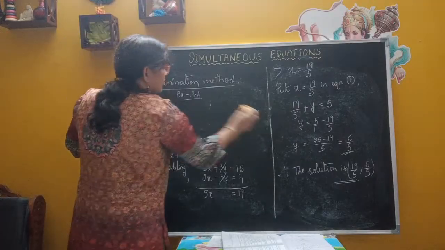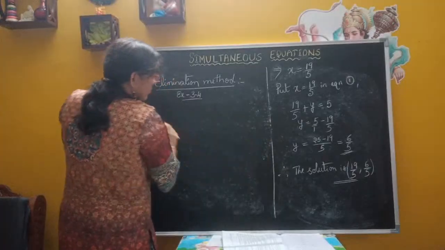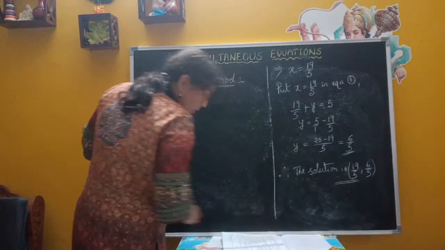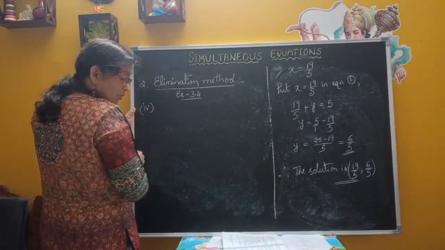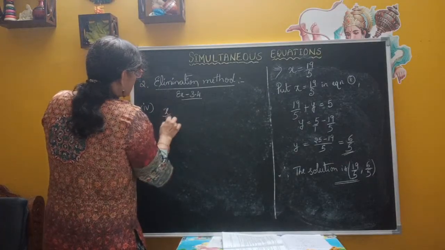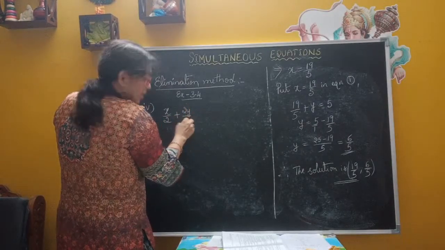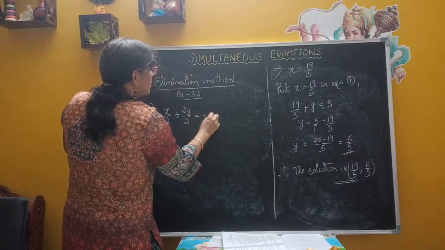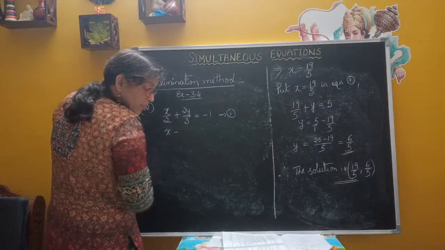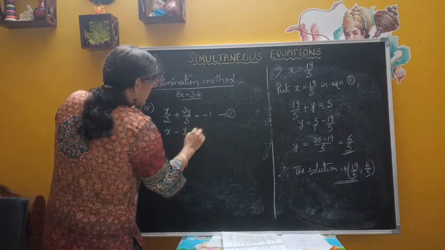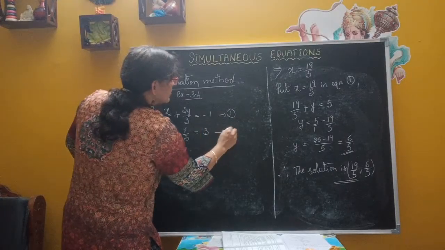So the problem is the fourth one, first main, fourth one. x by 2 plus 2y by 3 is equal to minus 1. This is equation 1. And the other one, x minus y by 3 is equal to 3. This is equation 2.